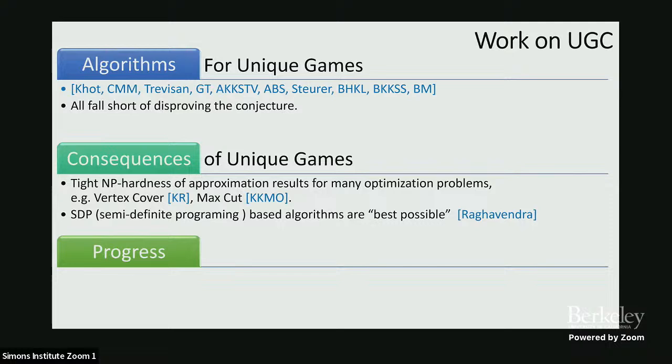And the last type of works about UGC is, it's a conjecture, so let's try to prove it.